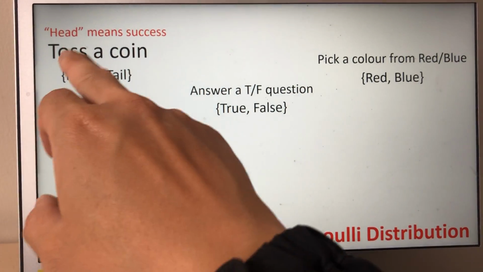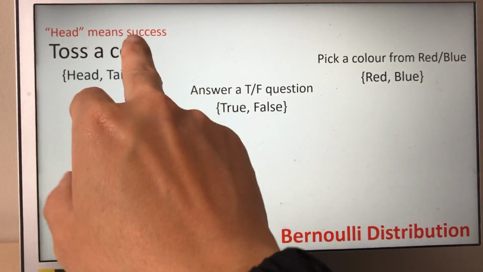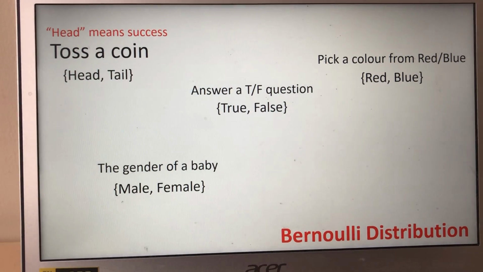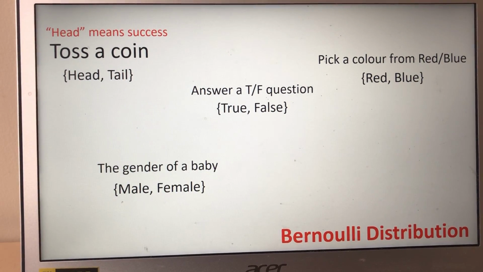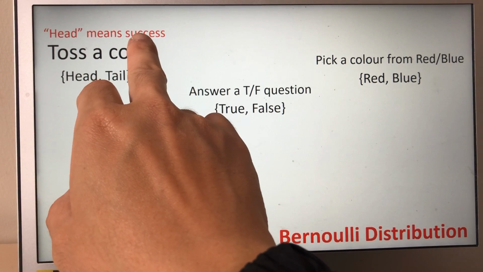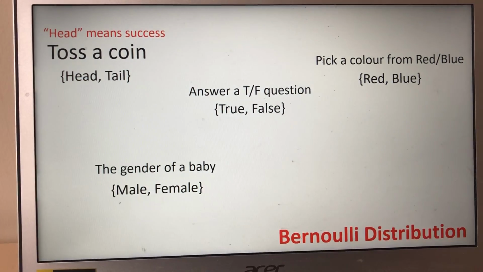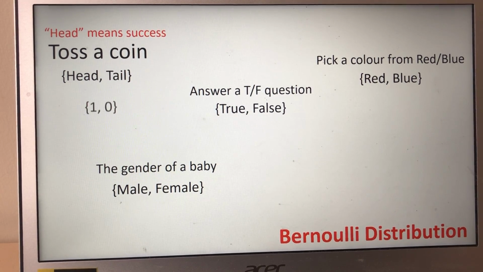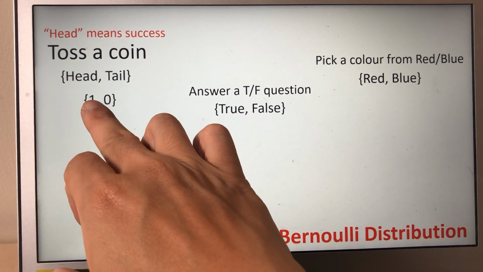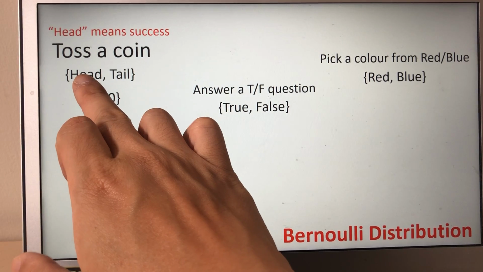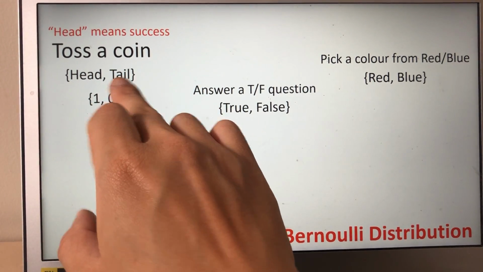So if you are looking for a head, then head means success. And usually in Bernoulli distribution, we use 1 to denote success. So the sample space should be written as 1 and 0. 1 means head, 0 means tail.